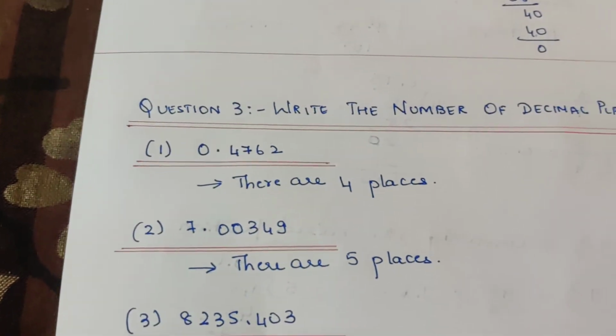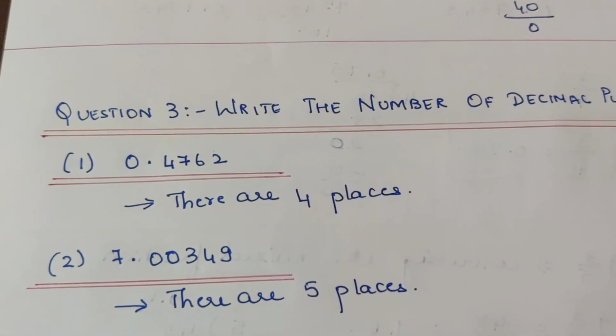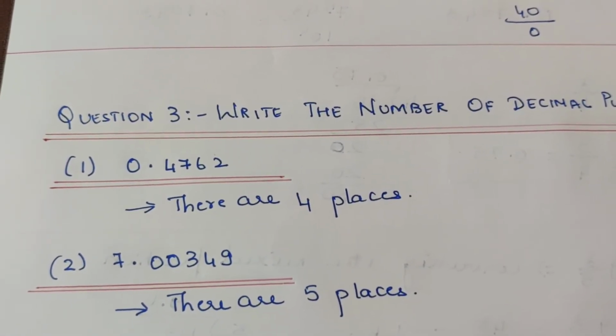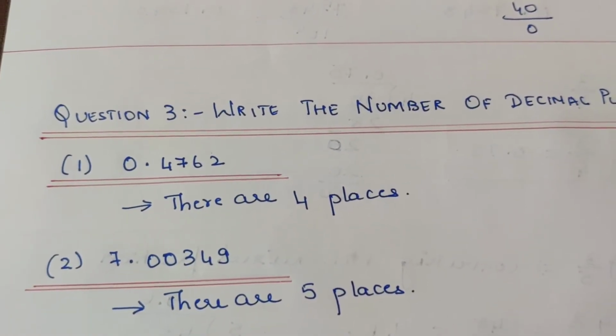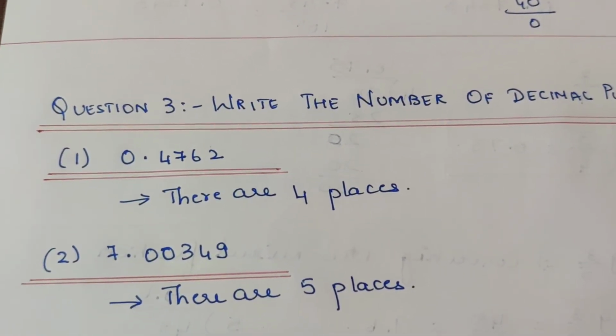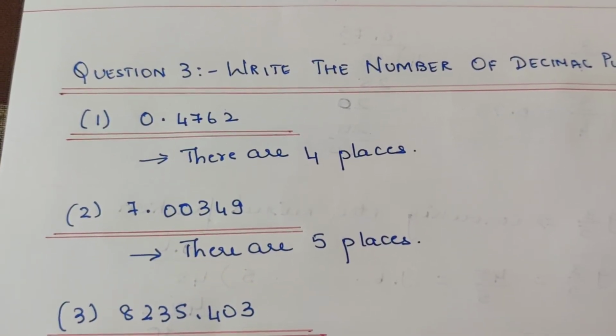Let's quickly move on to question number 3. Write the number of decimal places. In the first one, 0.4762, after the point, how many places are there? 4 digits. So there are 4 places. 7.00348, after the point, how many digits are there? 5 digits.